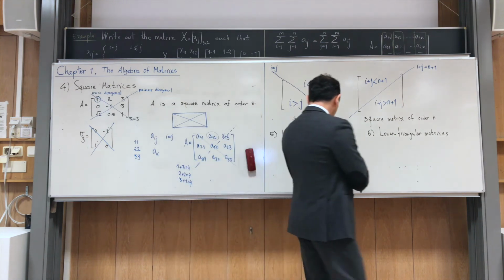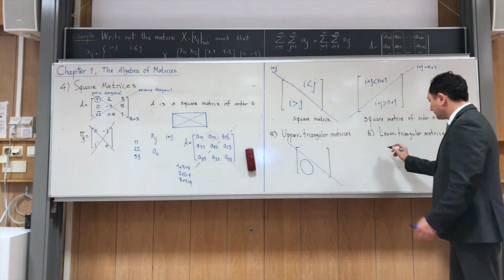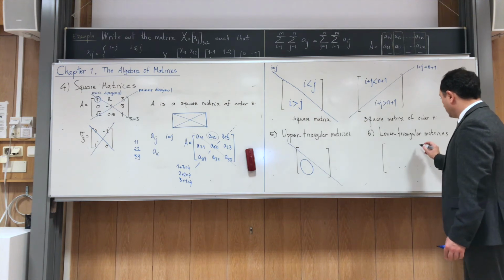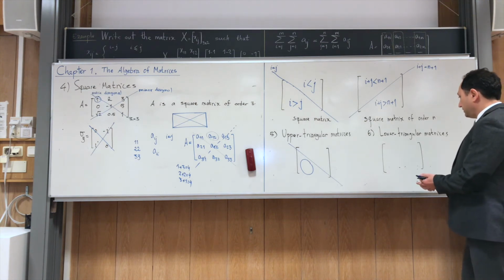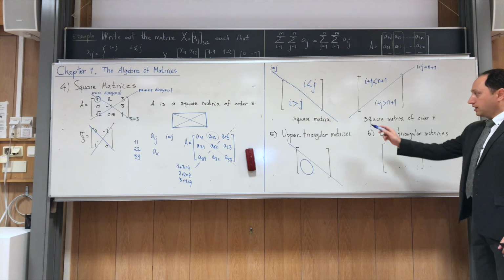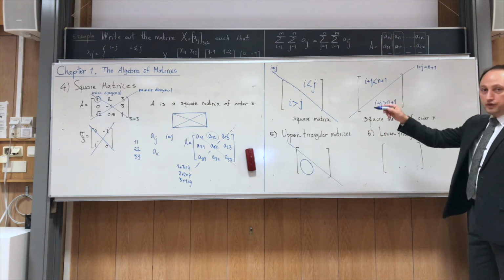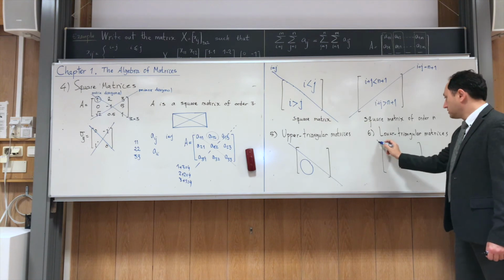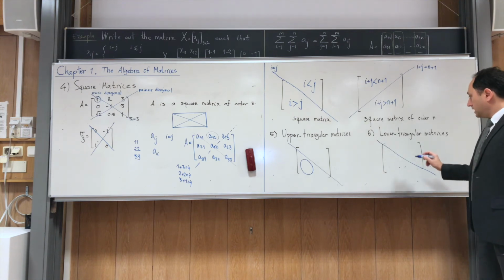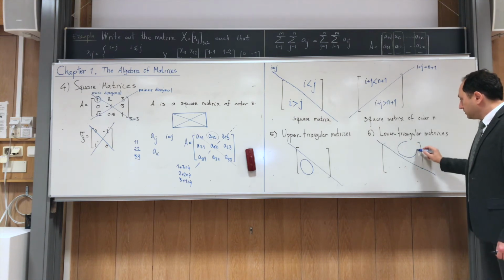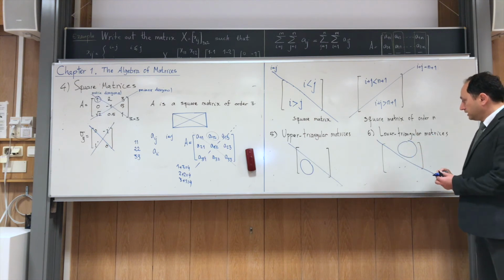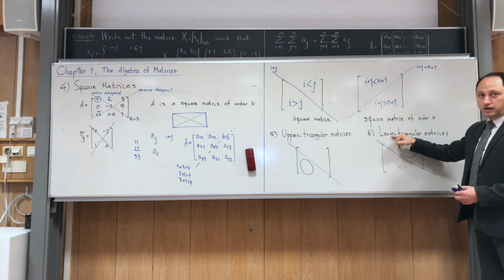But then in this situation, you have the square matrix. Again, upper triangular matrices and lower triangular matrices are square matrices in the first place. In this case, if everything above the main diagonal is 0, then this is called lower triangular.